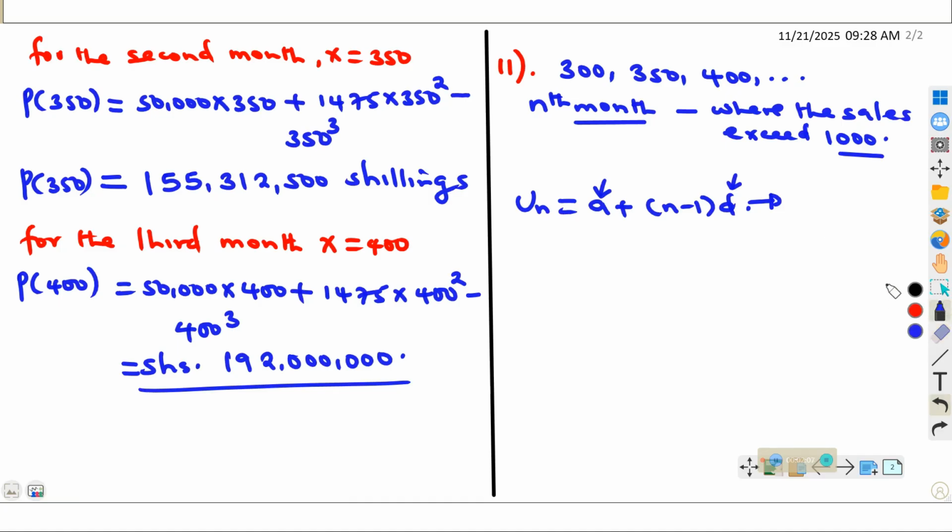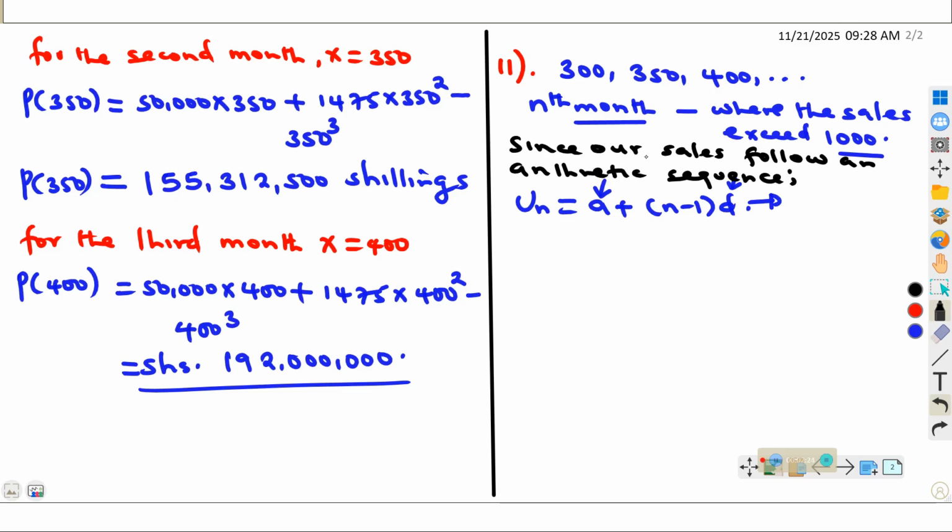Since our sales follow an arithmetic sequence, it means that for any given month, U of n, the number of pairs of shoes that will be sold in any given month will always be given by this general expression, that UN is the same as A plus N minus 1 into D. So we need N for which U of N will be greater than 1,000.